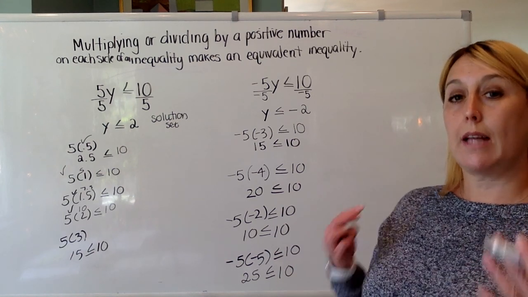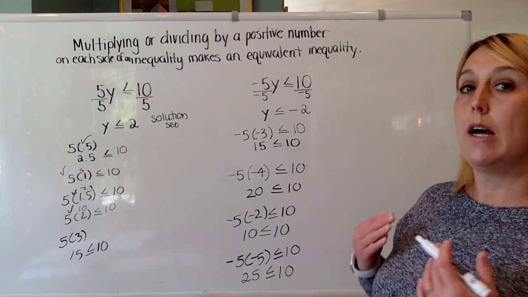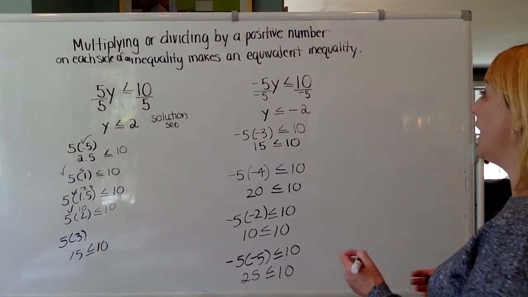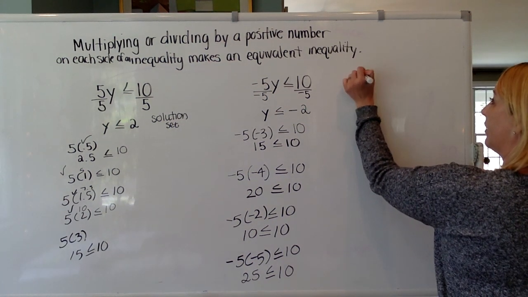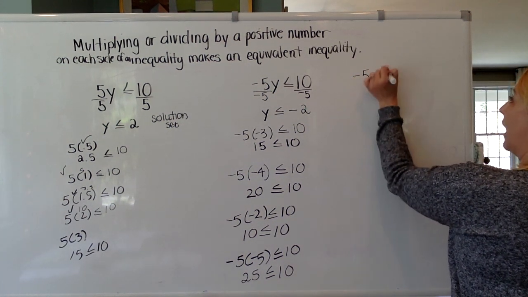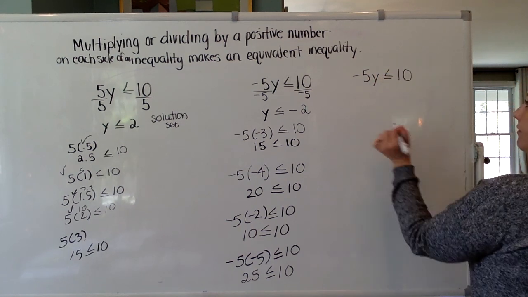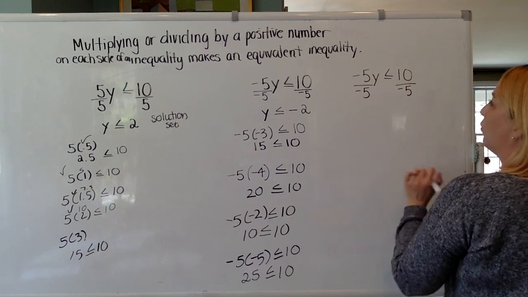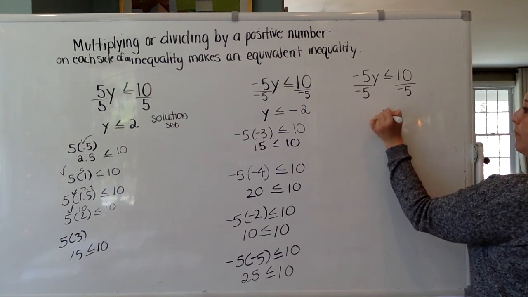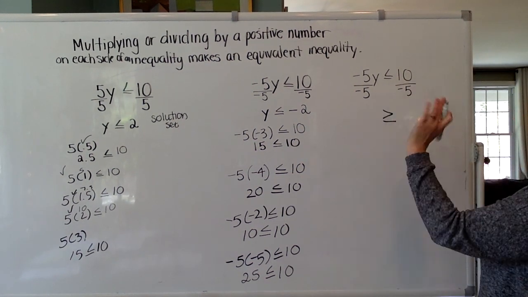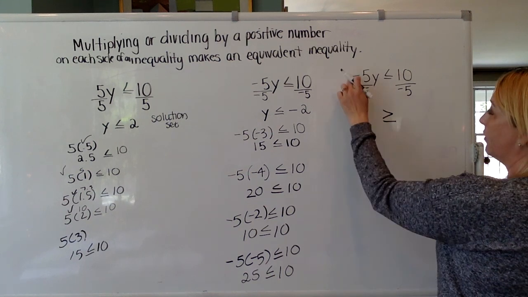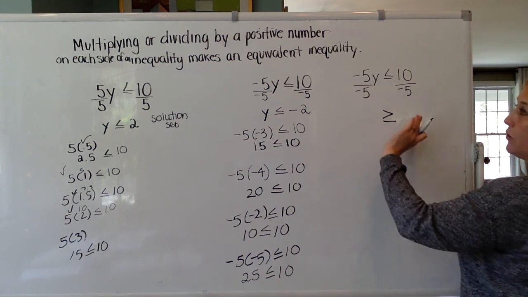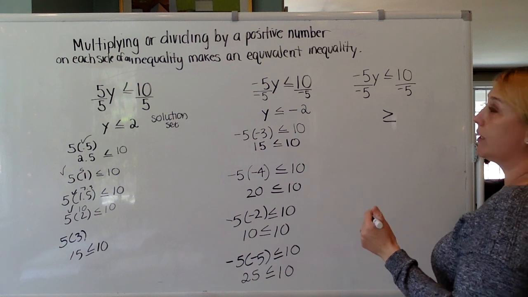So the lesson here is when you are multiplying or dividing by a negative number, like negative 5 here, what you have to do is flip the inequality. As soon as you divide by a negative, you need to reverse the order of the inequality.